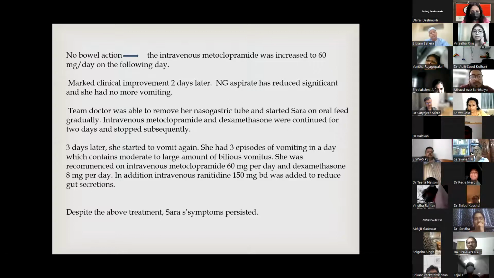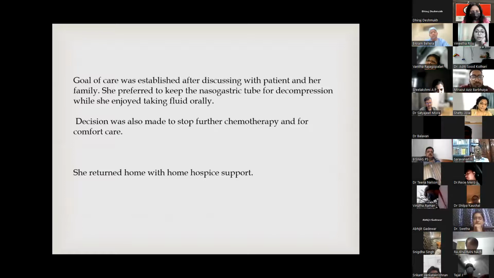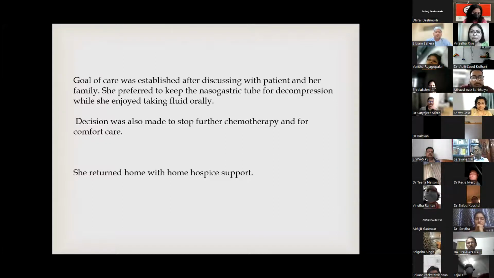Now, despite the above treatment, Sarah's symptoms persisted. So here, the goal of care was established after discussing with the patient and her family that just conservative management could be done further. She preferred to keep the nasogastric tube for decompression, while she enjoyed taking fluid orally.